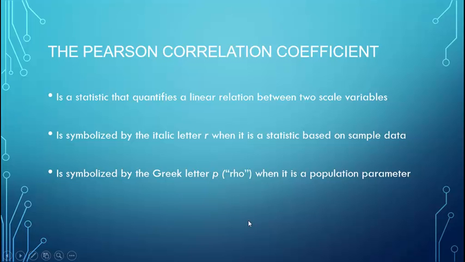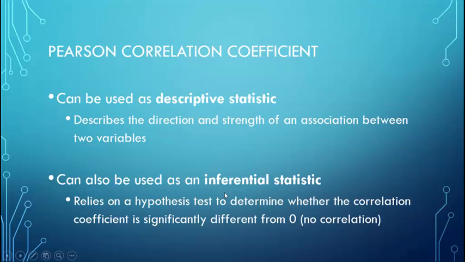I'll show you on the next slide. So just like we have the symbol of capital M or X bar if we're talking about mean in a sample, and if we're talking about the mean of a population, we use the Greek letter mu. For the Pearson correlation coefficient, we're using the Greek letter rho when it's a population that we're talking about.